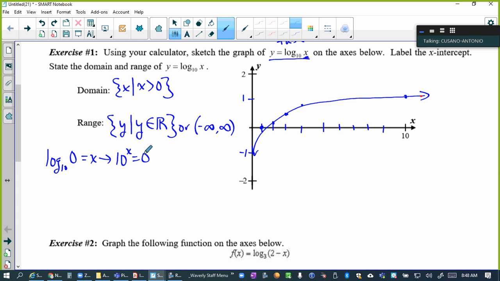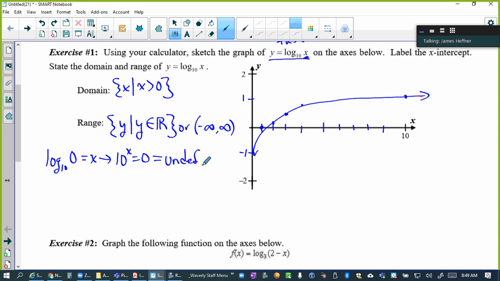No. Because 10 to the 0 would equal 1. Correct. There's no way to do an exponent and have the result be 0, unless the base is 0, right? Okay? As well as the fact that all negative numbers would just be 1 over. So an x of 0 was undefined, exactly right, okay?